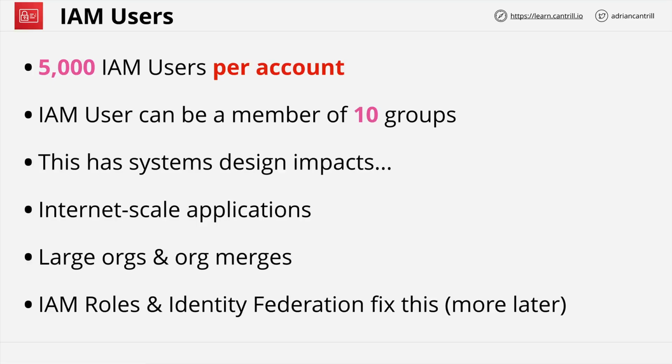If you are faced with an exam question which mentions more than 5,000 users or talks about an application that's used on the internet which could have millions of users, and if you see an answer saying create an IAM user for every user of that application, that is the wrong answer. Generally, with internet scale applications or enterprise access or company mergers, you'll be using federation or IAM roles, and I'll be talking about all of that later in the course.